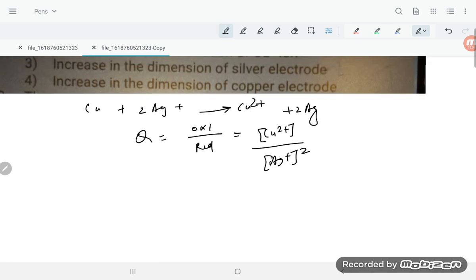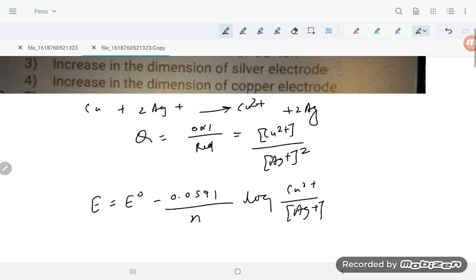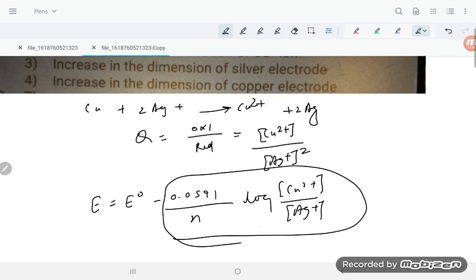Now dear students, we know that E is equal to E naught minus 0.0591 upon n log of Cu2 plus upon Ag plus. So you are subtracting this value. If it is a lesser value, the E will be high.